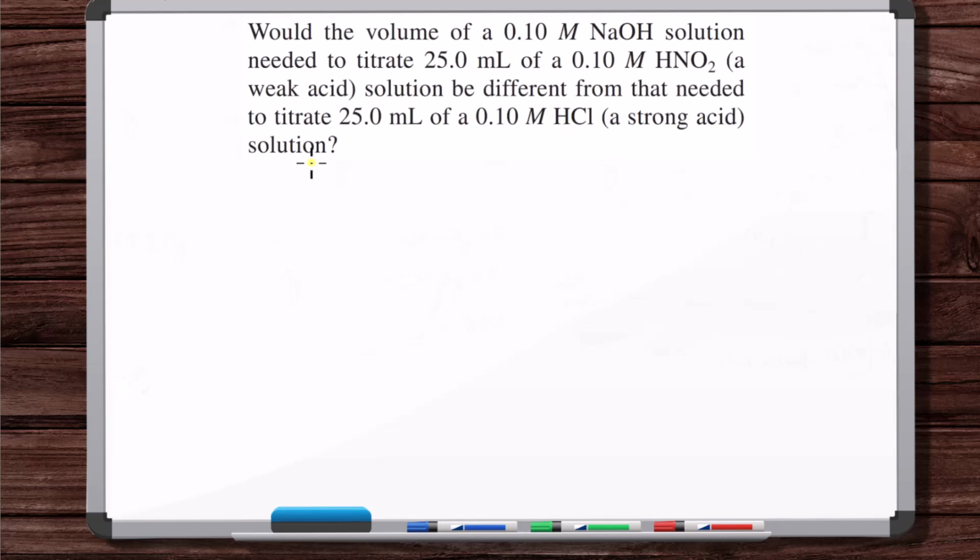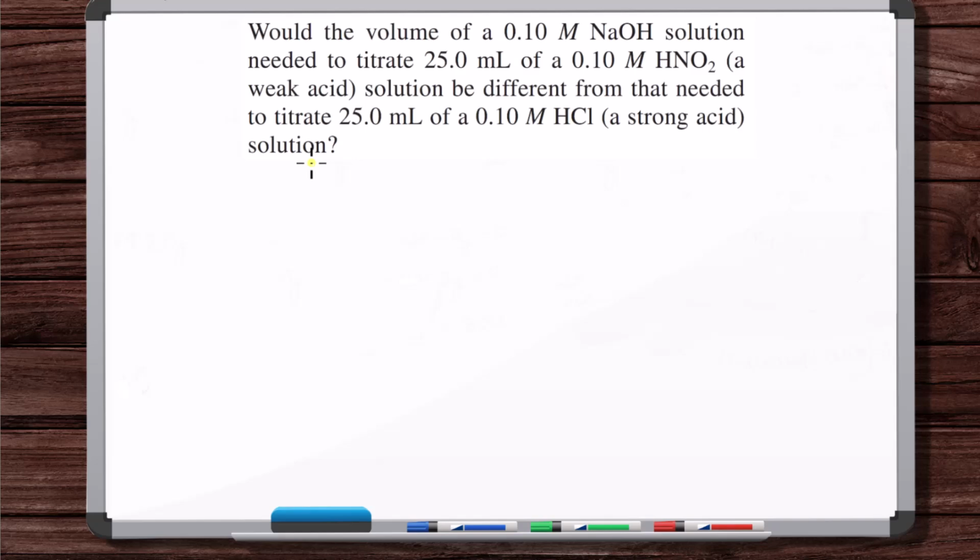So for both titrations, both unknown solutions have the same concentration, and both consumed the same volume of solution to get to the equivalence point. The question is whether the corresponding standard solution volume consumed in these titrations would be the same. Now, this is kind of confusing.